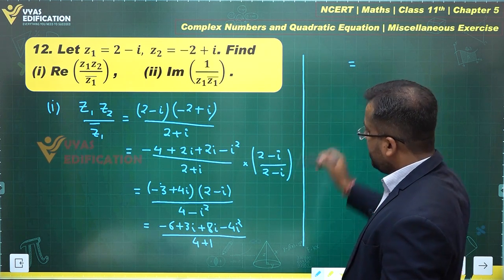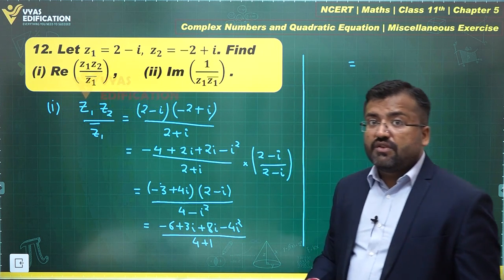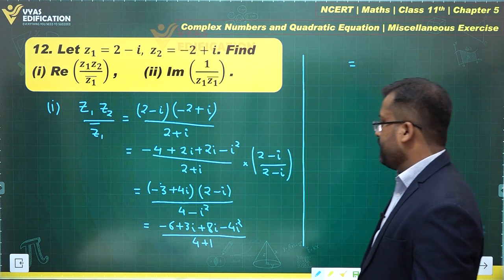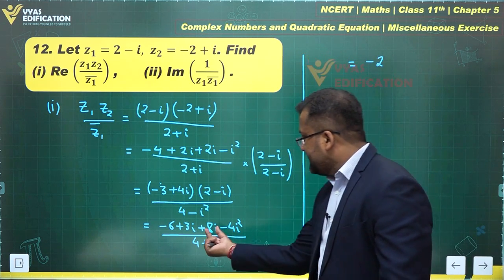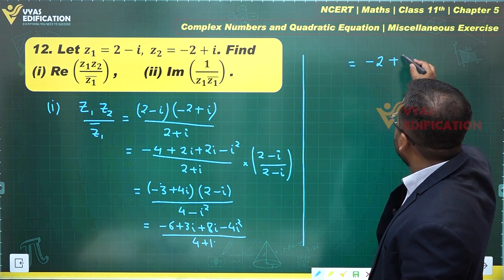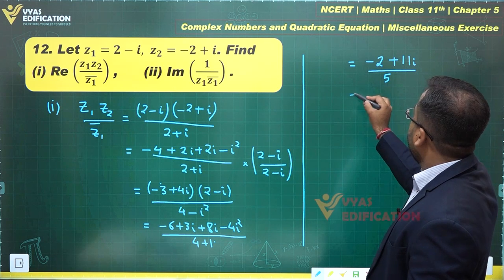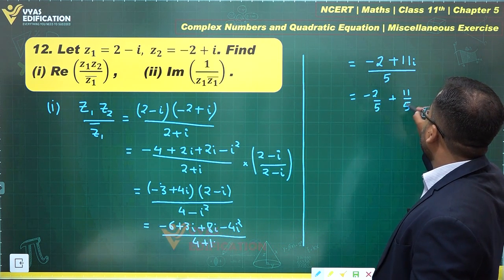This further becomes equal to, this is minus 4i square, which becomes minus 4 into minus 1. That's plus 4 minus 6. Plus 4 minus 6 would be actually minus 2. This is 8 plus 3, which is 11i, whole divided by 5. And this gives me minus 2 by 5 plus 11 by 5 i.